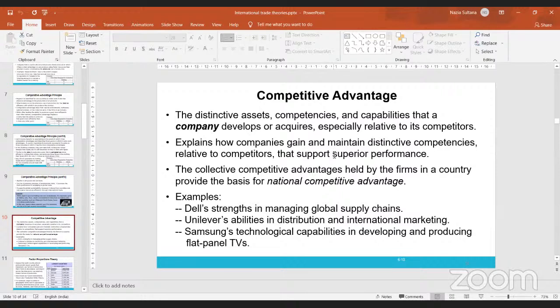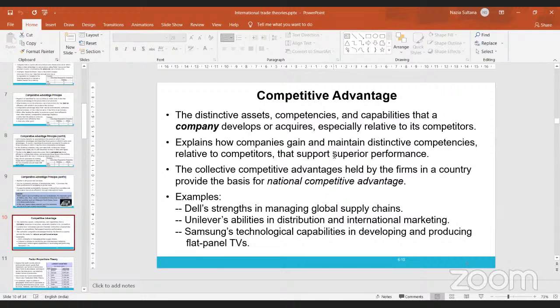This is not a separate theory, this is a concept. The theory is comparative advantage only. We first discussed mercantilism in the 1500s and 1600s, then in the 1700s absolute advantage theory by Adam Smith, then comparative advantage theory given by Ricardo. Then you have competitive advantage as a concept under comparative advantage.